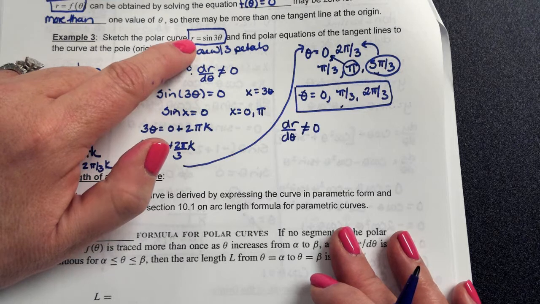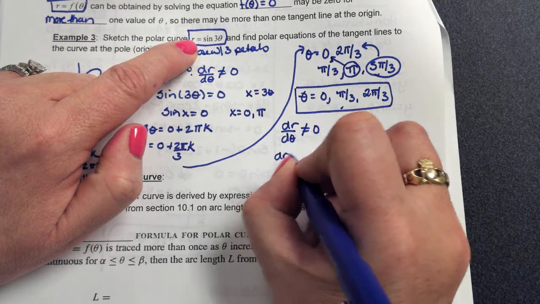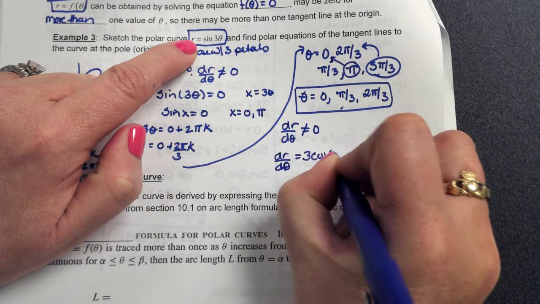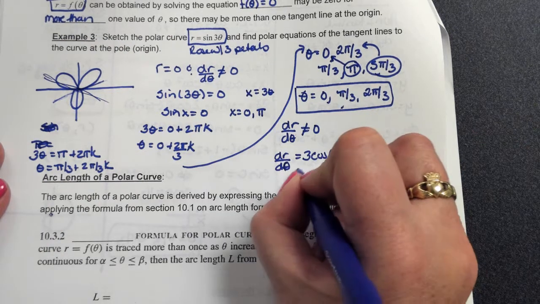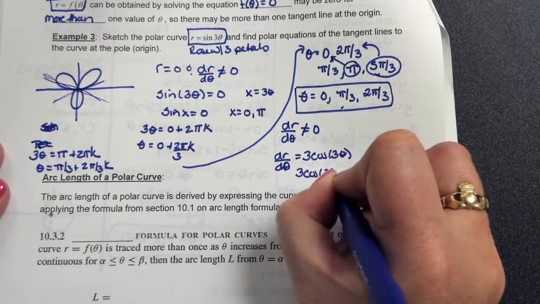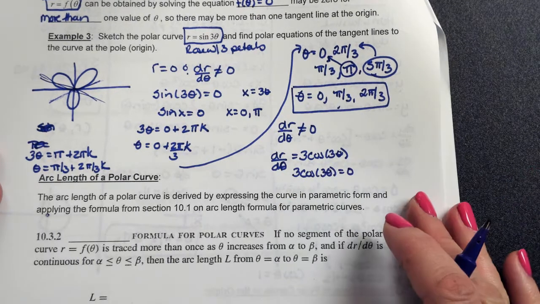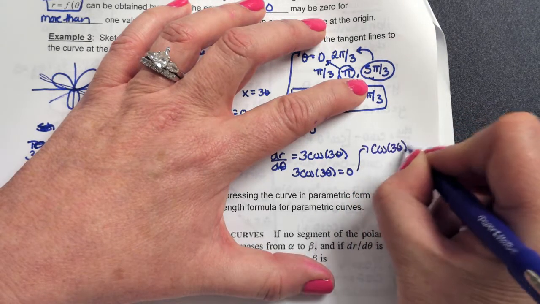Well, if r is equal to sine of 3 theta, what is your dr d theta going to be? 3 cosine of 3 theta. So now we have to find where 3 cosine of 3 theta is equal to 0. So cosine of 3 theta is equal to 0.